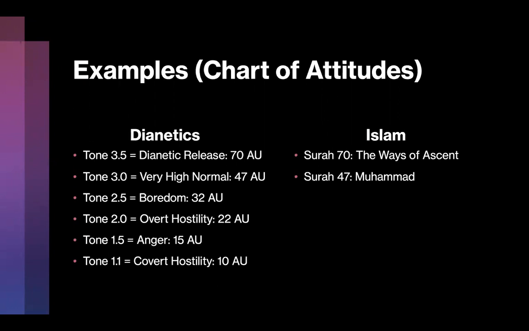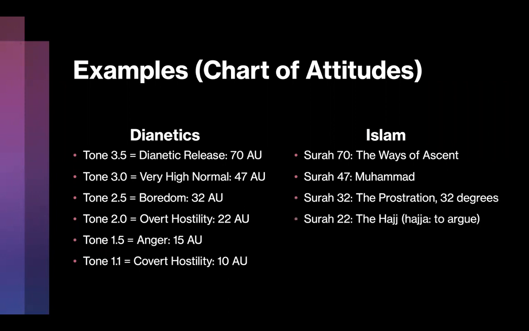So now at 2.0, you have what's called overt hostility, correct? And that's Surah 22, which is titled El Hajj. One of the definitions for Hajj is Hajjah, which means to argue. So 2.0 overt hostility, 22 attention units, can connect to Surah 22 because when you're overtly hostile, that's when we begin to argue, correct?